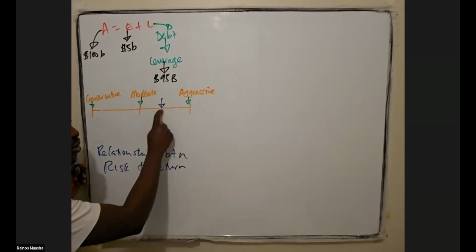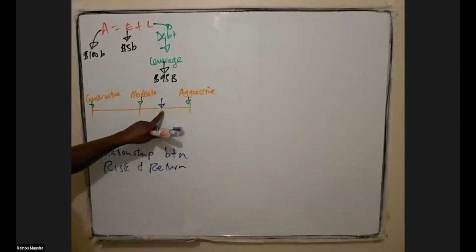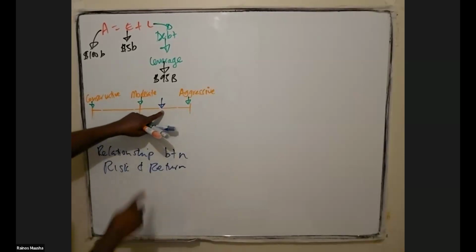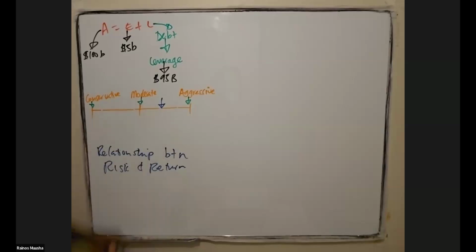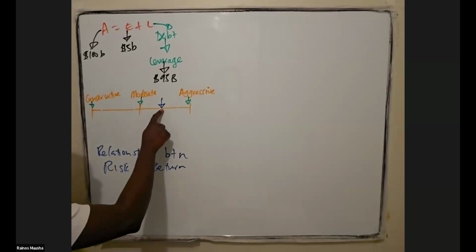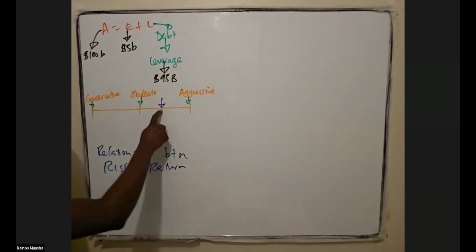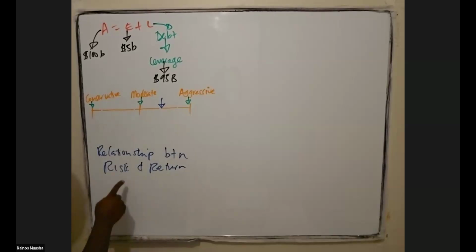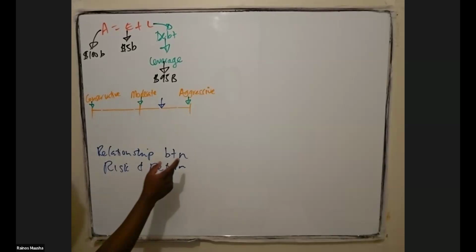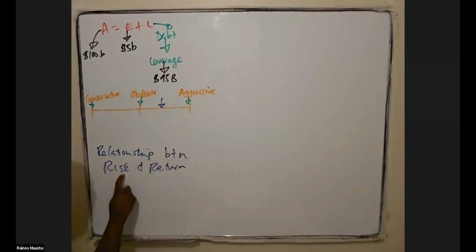Because they choose to say this is where we want the organization to be exposed to in pursuit of this relationship, if there are any losses resulting from this position that you've taken, we know that the more risk we take, the higher the expected return, which means that in pursuit of higher expected return, the risk is going to be more as well.